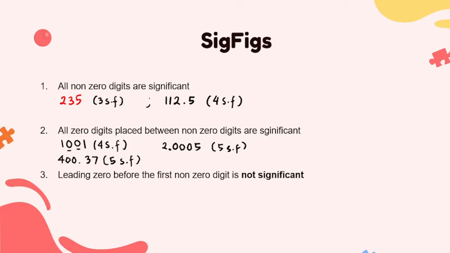Jadi angka 0 yang ada di depan, contohnya 0.0003. Nah, 1, 2, 3, 4. The zeros here appear before the first non-zero digits. Jadi angka 0-nya ini ada sebelum angka bukan 0. Nah, this 4 is not a significant figure. So the significant figures are only the 3 and the 2.